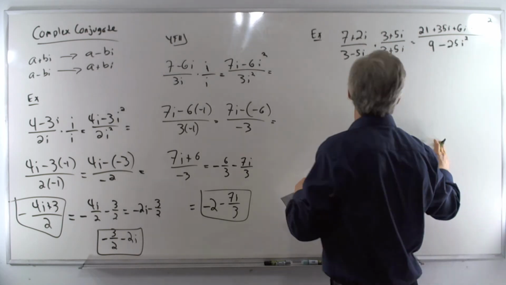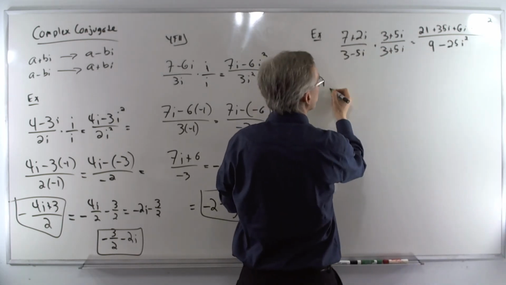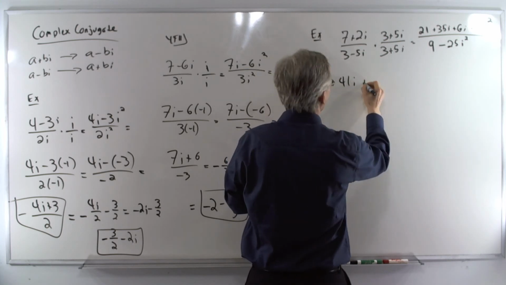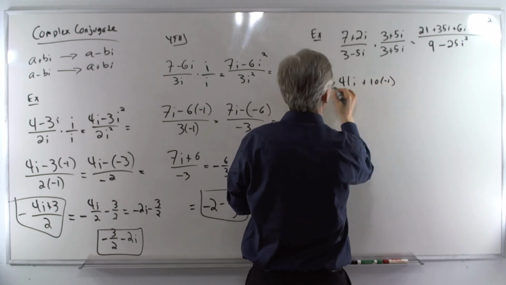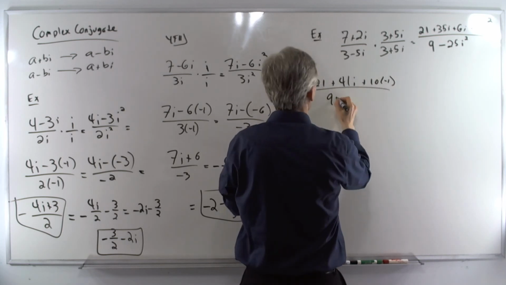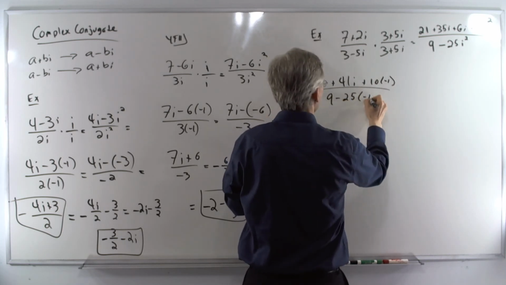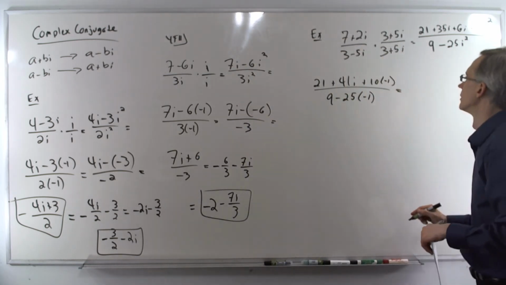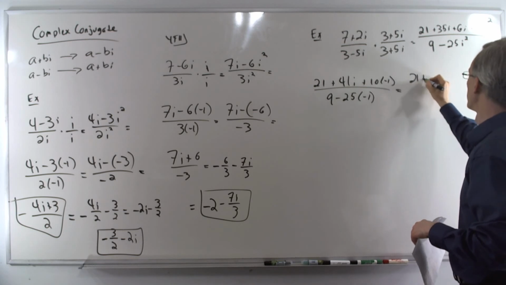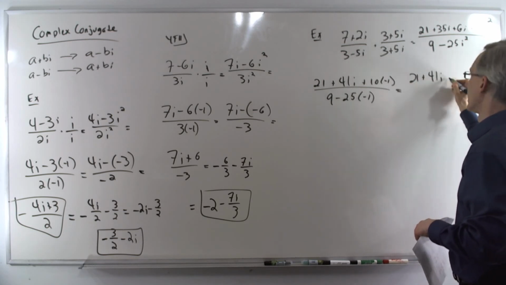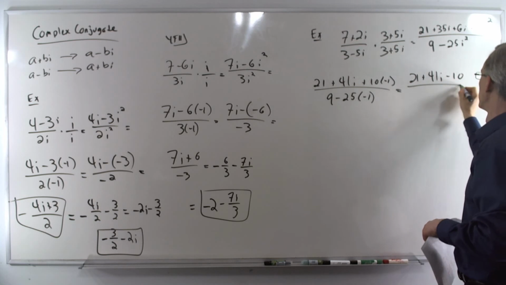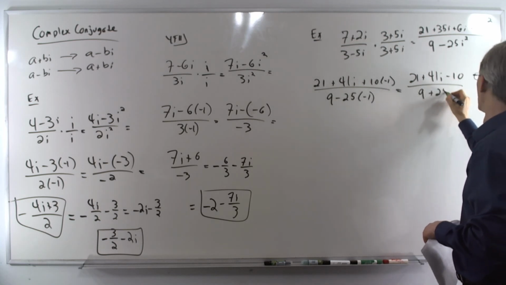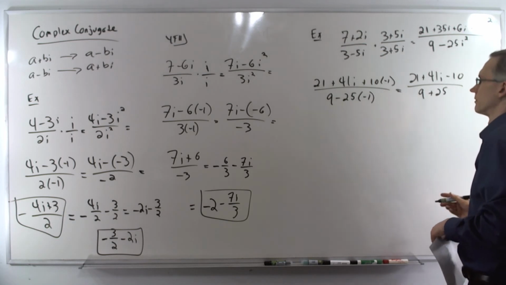All right, up top we're going to do some simplifying there. So that gives us 21 plus 41i plus 10 times negative 1 over 9 minus 25 times negative 1. So that turns into 21 plus 41i minus 10 over 9 plus 25.